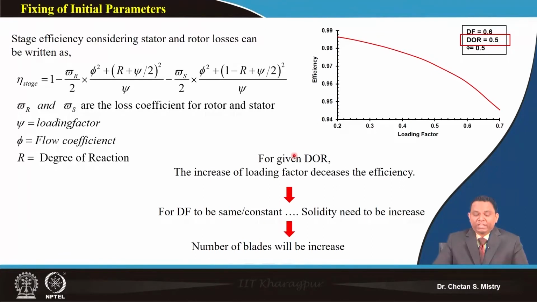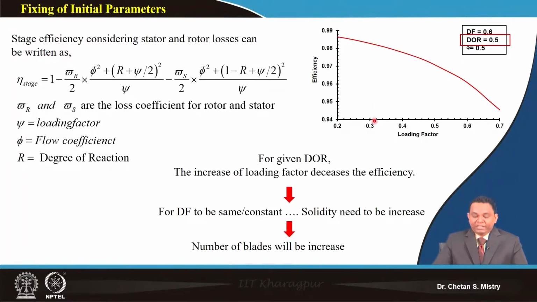Okay, so this is interrelating so many parameters. Now the question is, why is the efficiency lower? It says for the same diffusion factor of 0.6, the solidity needs to be increased. So for a particular increase of my loading factor, if I need to maintain my diffusion factor constant, then I need to increase my solidity.